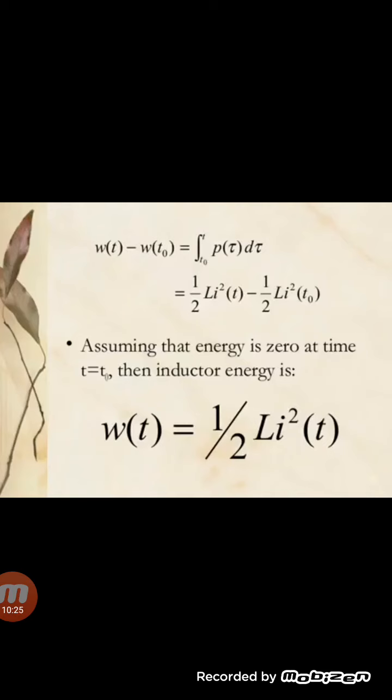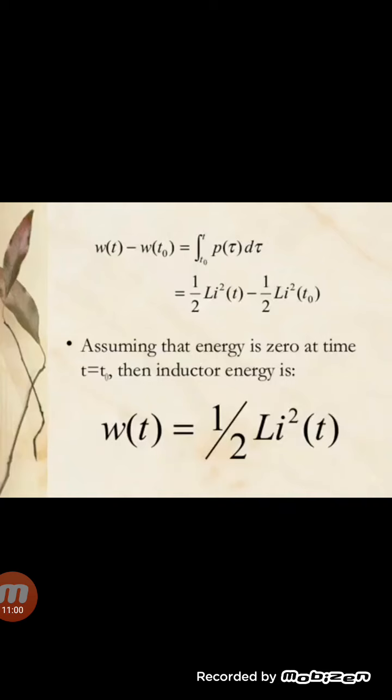It can be further written as W(t) minus W(t naught) is equal to the integral from t naught to t of p(tau) d tau, which is half L i squared of t minus half L i squared of t naught, right?